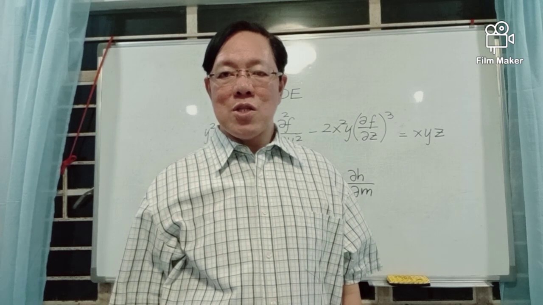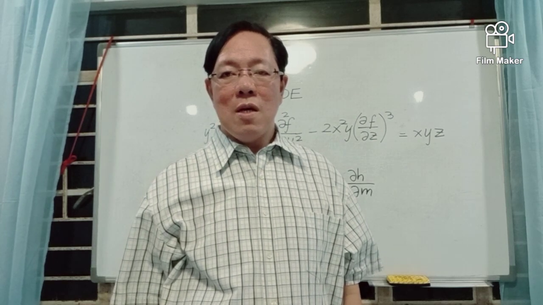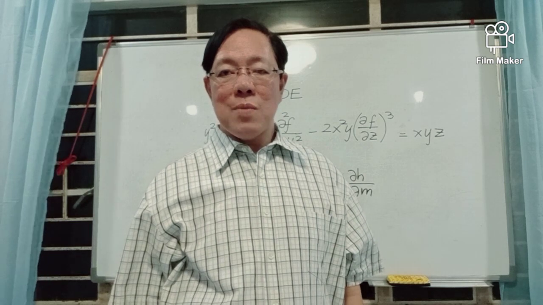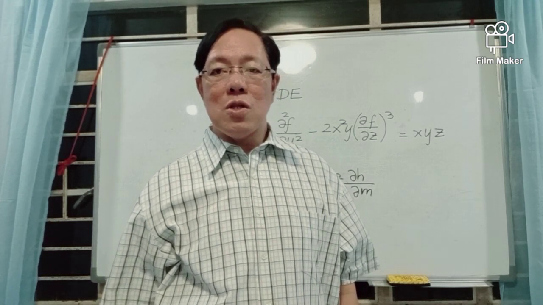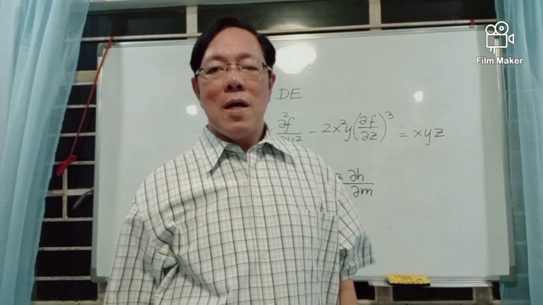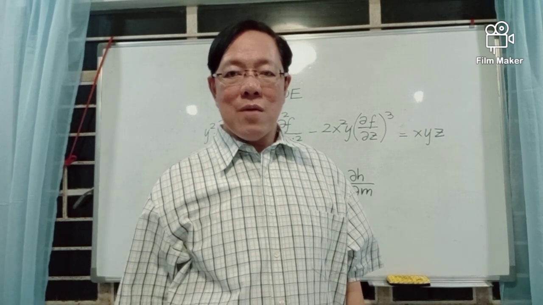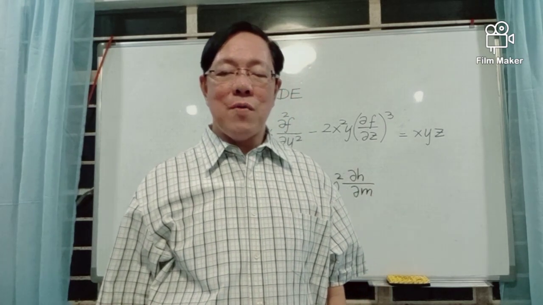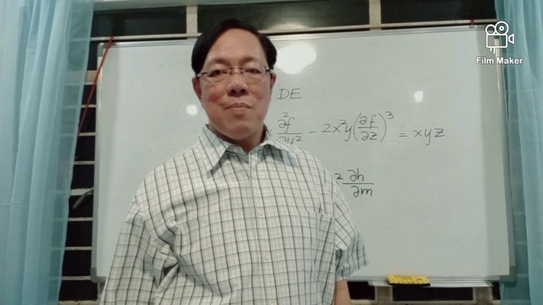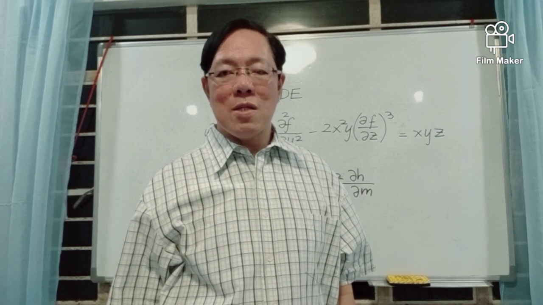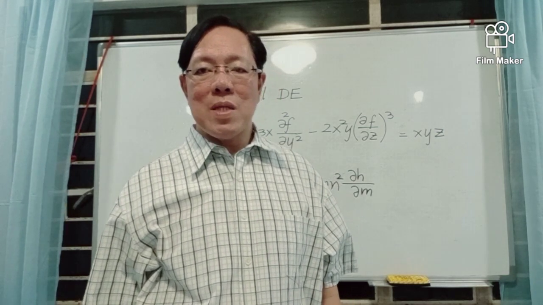That is, in a partial differential equation, the function is a function of more than one independent variable. While in the ordinary differential equation, the function is a function of only one independent variable. Hence, the ordinary differential equation contains ordinary derivatives.